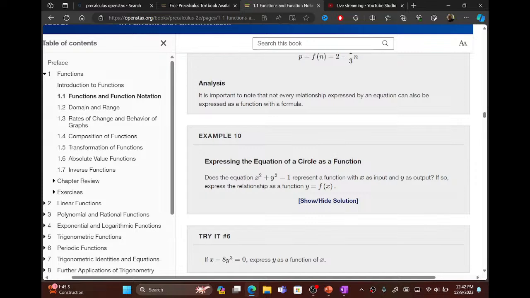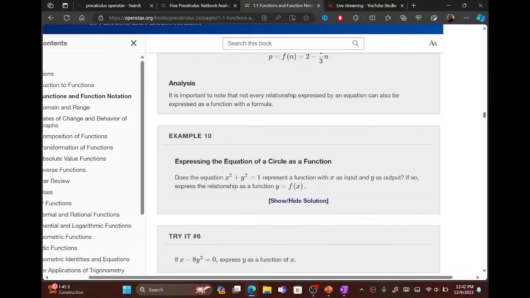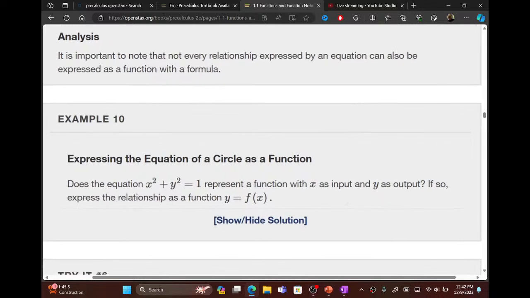If y is squared, such as in example number 10, most likely it will not be a function, and I will show y'all why.